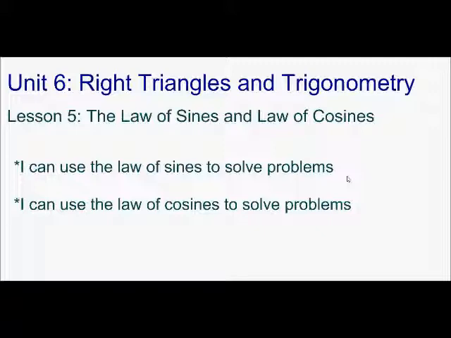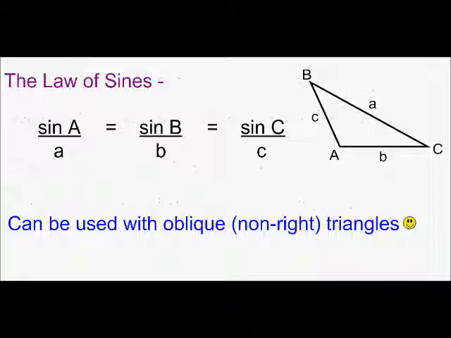Please prepare yourself. The law of sines is this right here. Basically, it tells you that the ratio between a side and the angle opposite it is constant in the triangle. So sine of big A, and remember, big letters stand for angles, sine of big A divided by little a equals sine of big B divided by little b, which is equal to sine big C divided by little c.